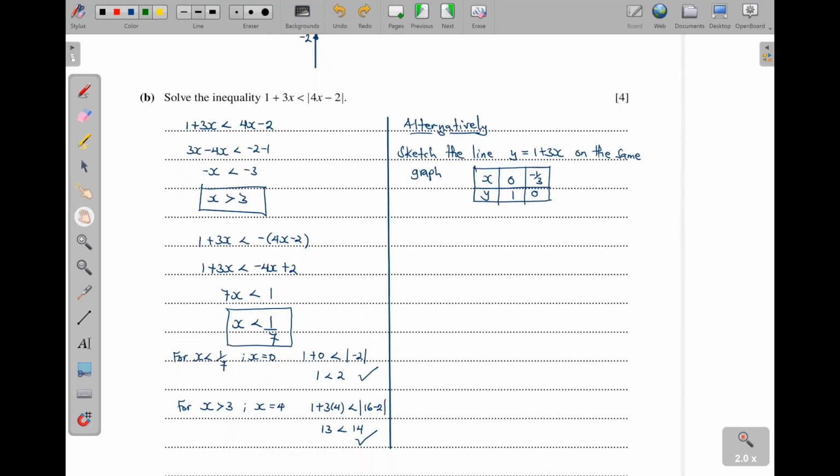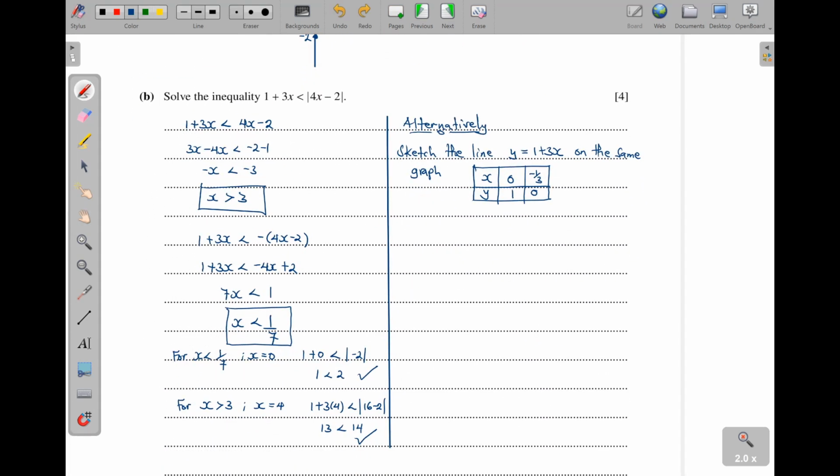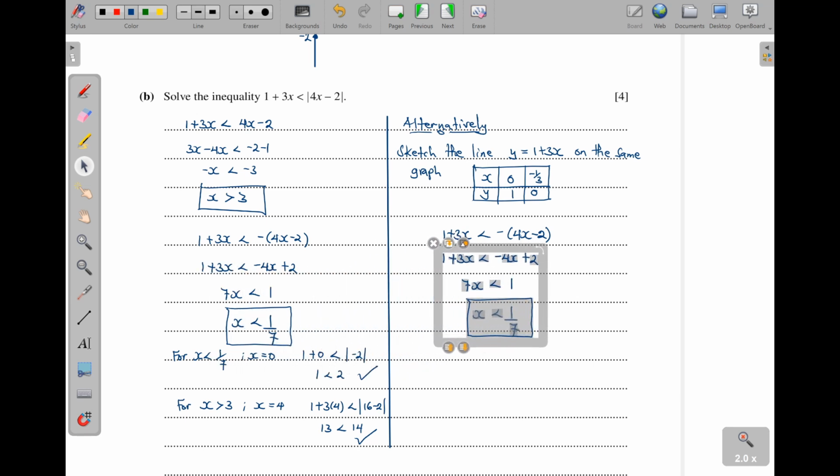So we have here our 1 plus 3x, which is intersecting with the negative. So we just do the same as this one here. In order not to waste time, I'm just going to carry this, then put it there. It's the same calculation you do.